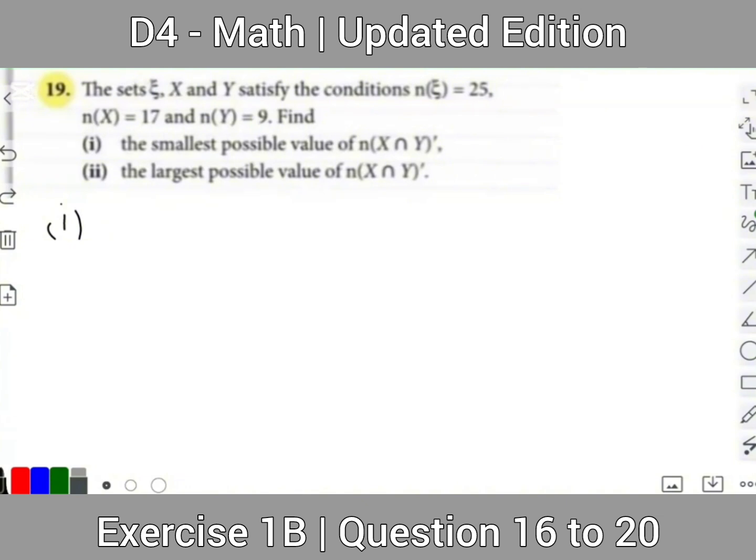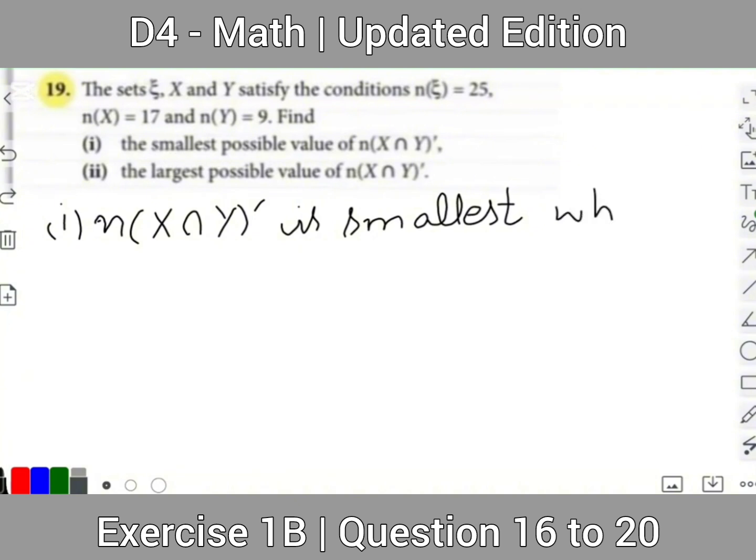So for this, in part 1, the number of elements in the set (x intersection y) whole complement is the smallest when n of x intersection y is largest.